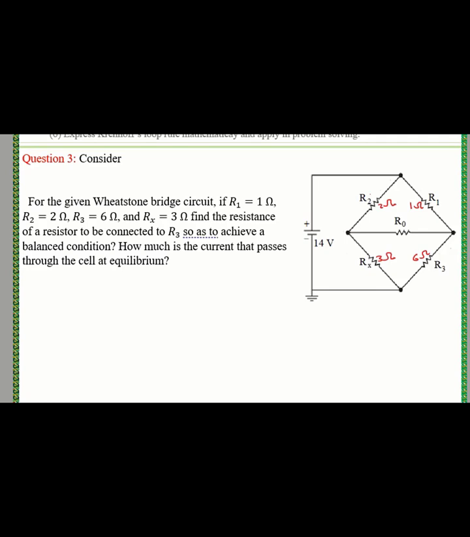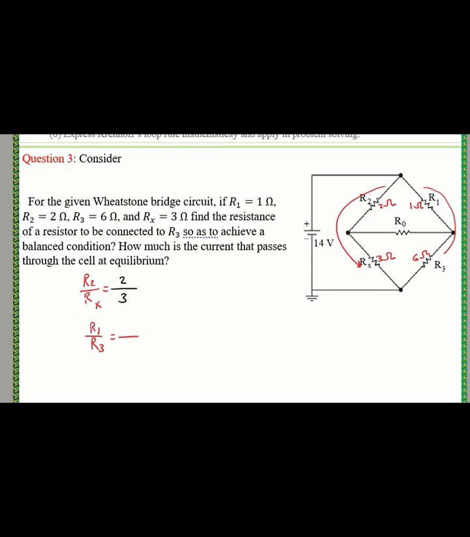Take the first leg of the bridge, here this side, R2 over Rx. It is 2 over 3. On the other side, we have R1 over R3, the same order.